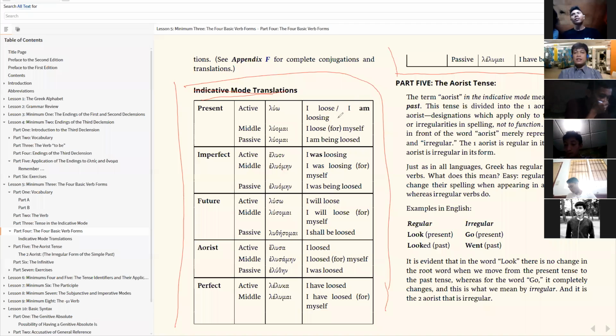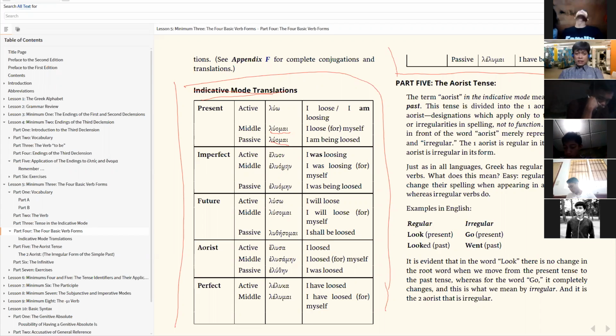Nevertheless, it is still present, and it belongs to the primary endings. Then you have the middle, luomai, I loose for myself. And the passive, luomai, I am being loosed. So the endings of the middle and the passive are basically the same in this tense.